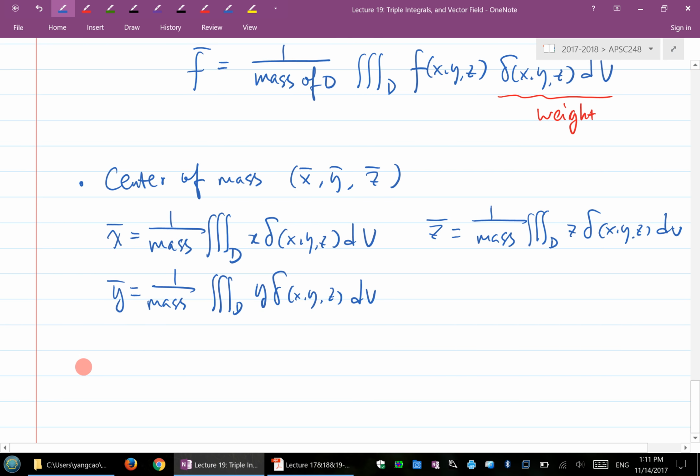And the last one is the moment of inertia. This is actually the true moment of inertia now. This is the moment of inertia for 3D objects in 3D space about certain axes.